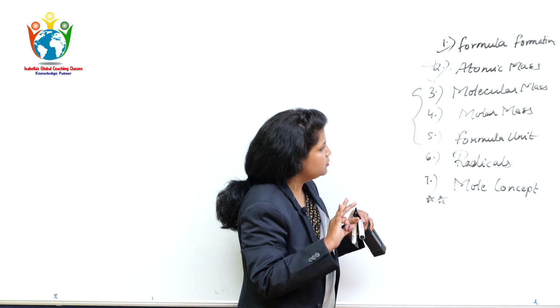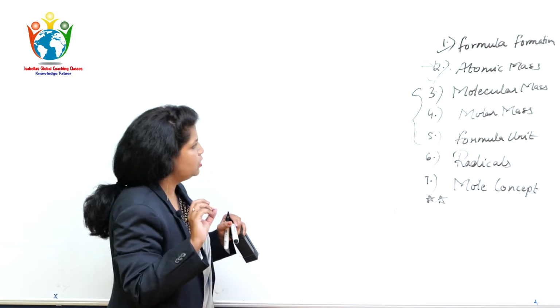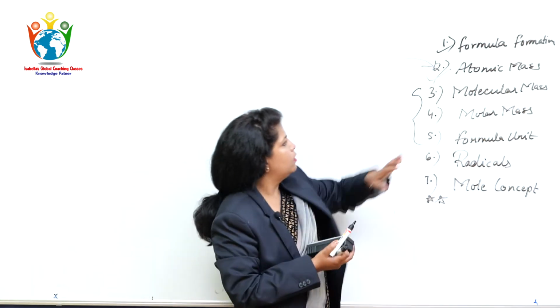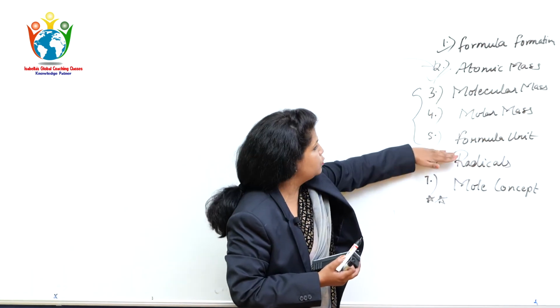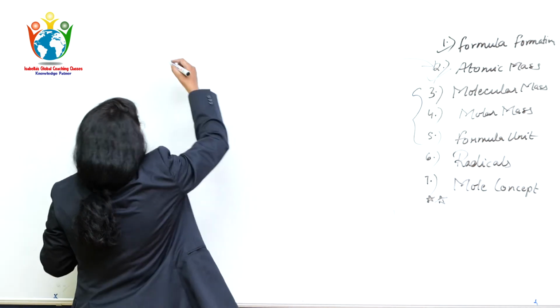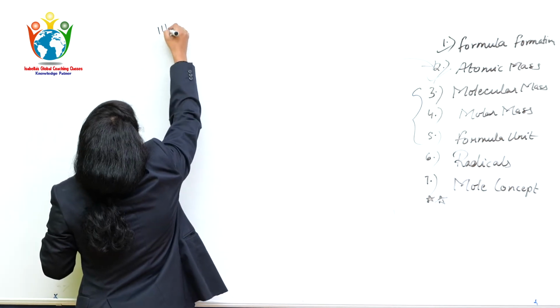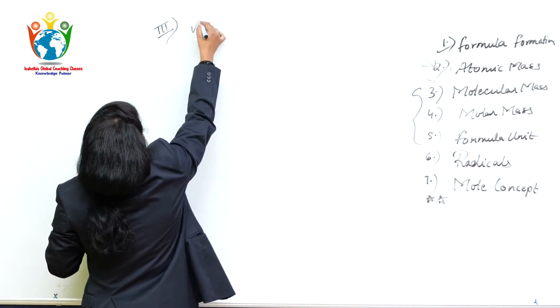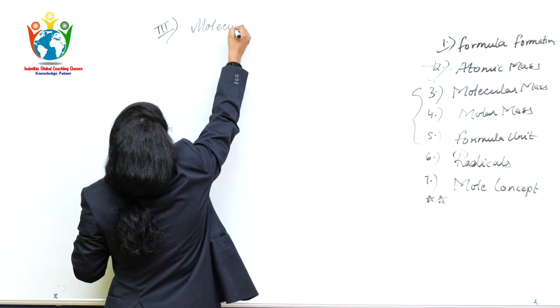Molar mass you also solve the same way, formula unit also. If you understand one concept, you are able to do these 3 things at a time. So I'll put heading 3, but ultimately you will be solving 4 and 5 also. Molecular mass.